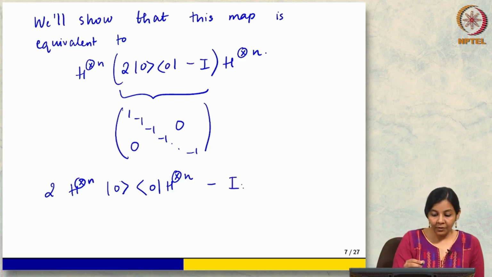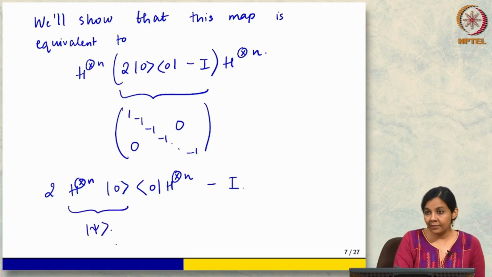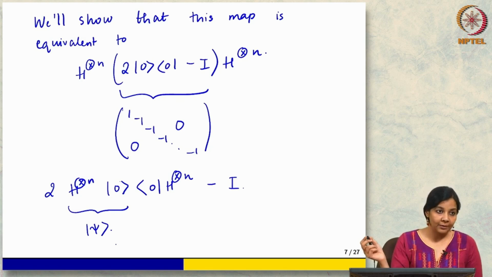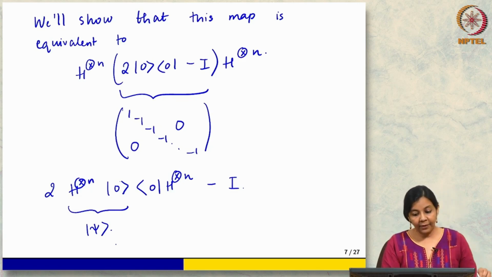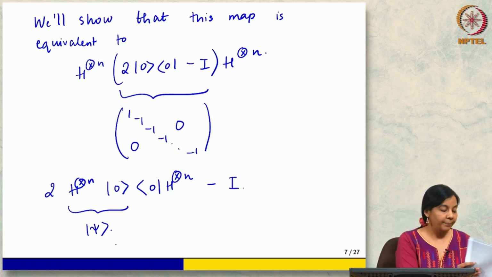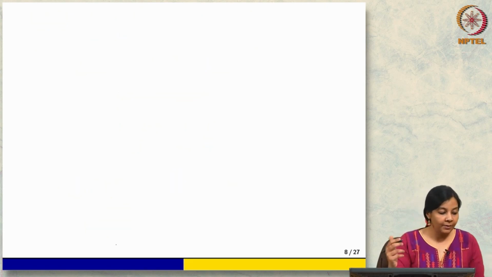Okay. So, let us study this map. Okay. So, I am going to call this psi. This is our favorite state, the superposition over all possible inputs. Okay. So, we are analyzing this state that we have. So, now let us see what we get when we apply this map to some arbitrary state.